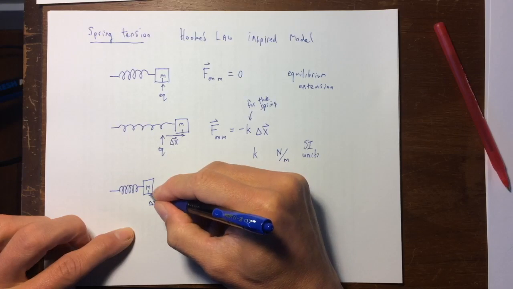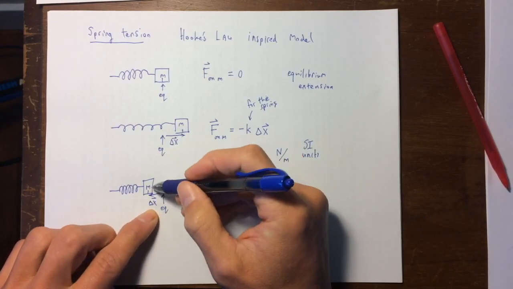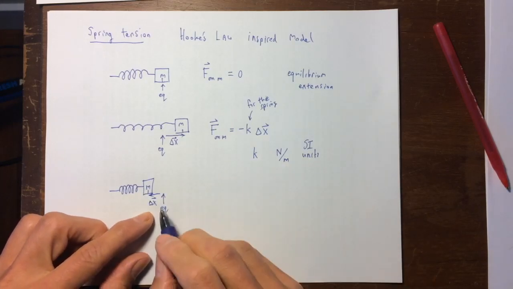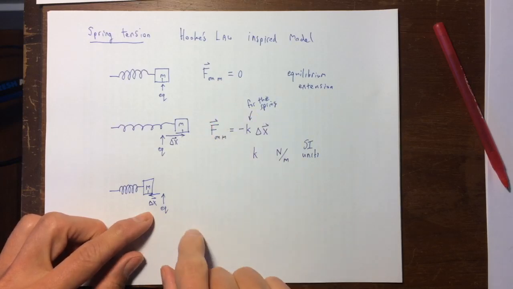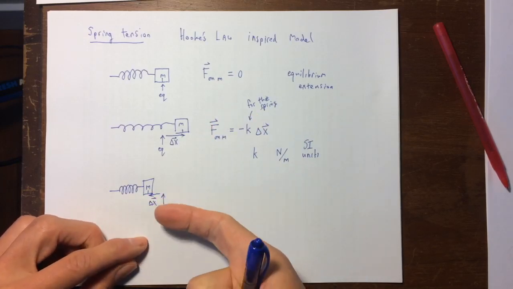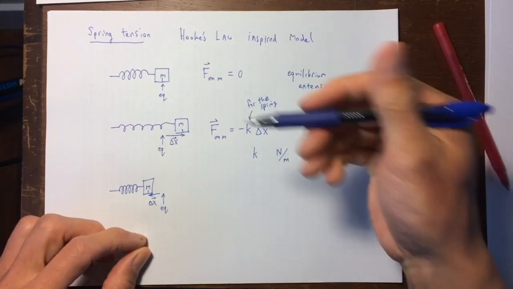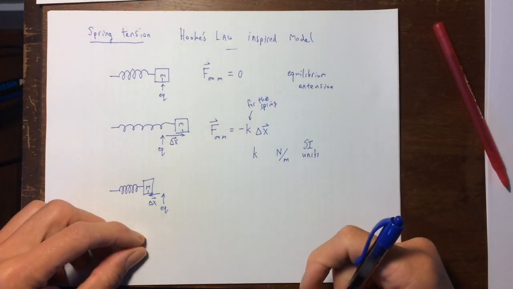So that's the displacement of the mass from equilibrium, or it's actually the displacement of the end of the spring from its equilibrium length. And you can see that even following the very same formula, it's pushing out. So if the displacement's left, the force is right, for example. Yeah, and so this is a Hooke's law inspired model for a spring.